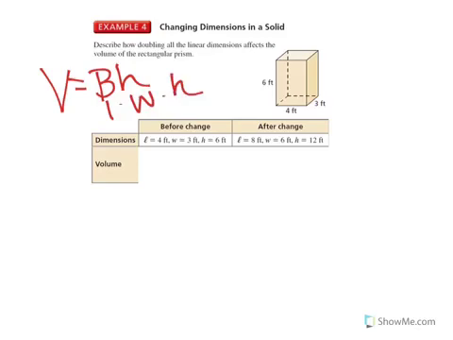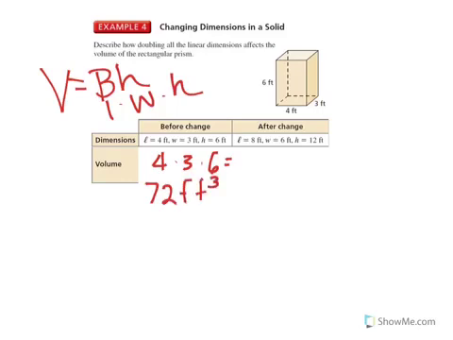So if we multiply the 4 times the 3 times the 6 before the change, the volume we would get would be 72 feet cubed.